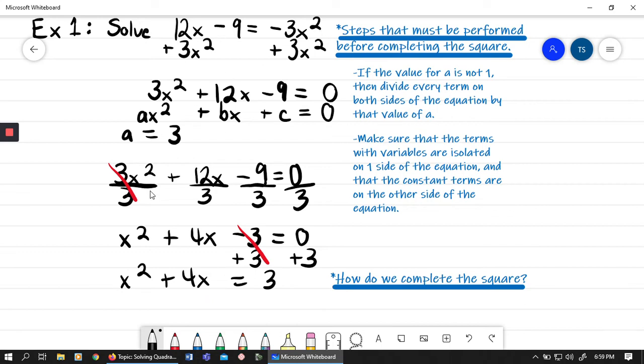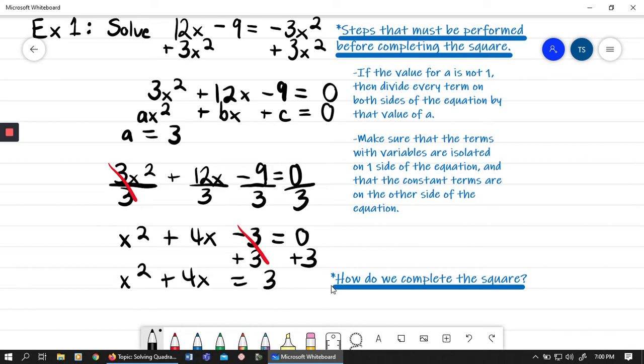So I need you to be looking at this new equation, the one with the a value of 1, and not the original equation. In this example, the new equation is x squared plus 4x equals 3.